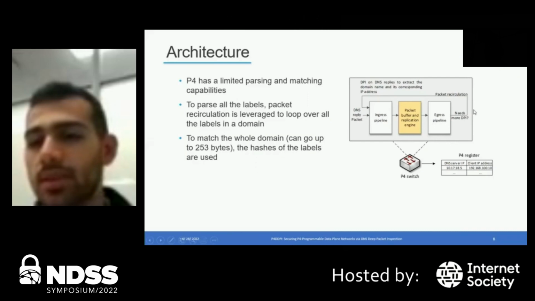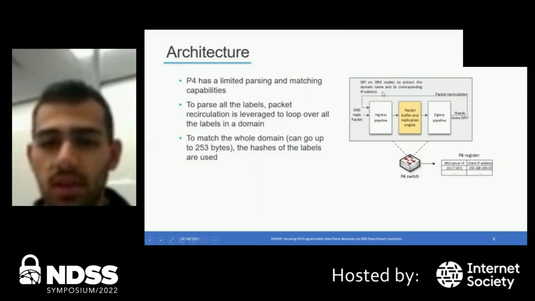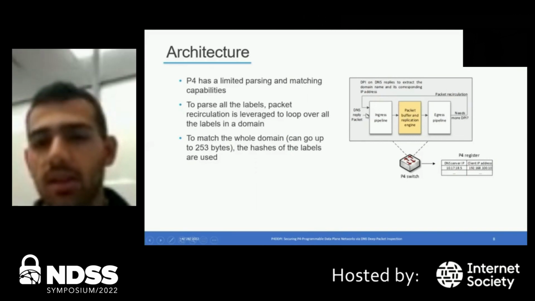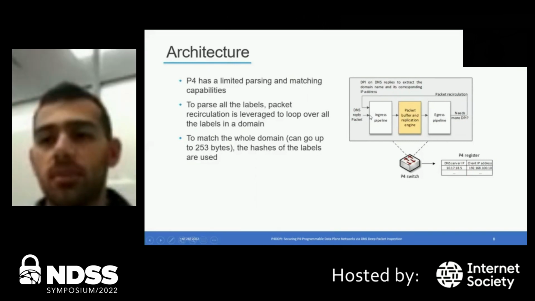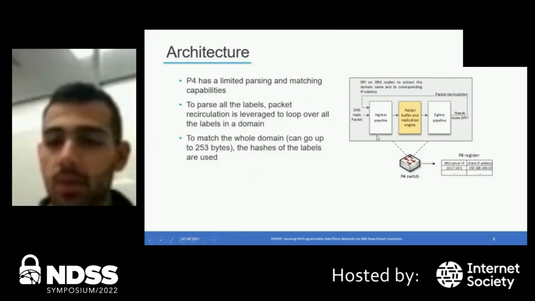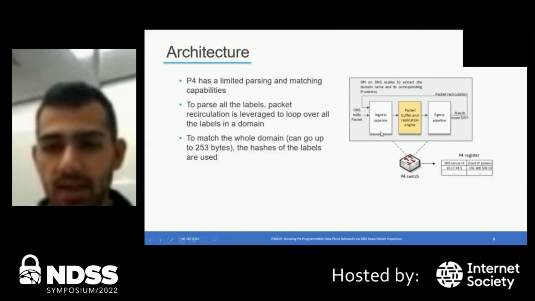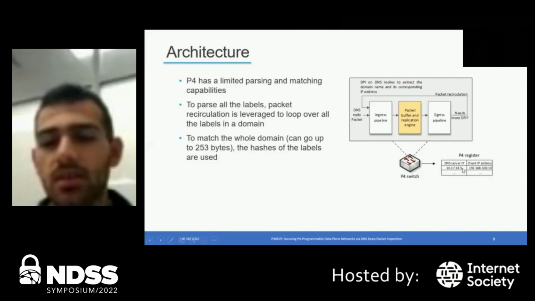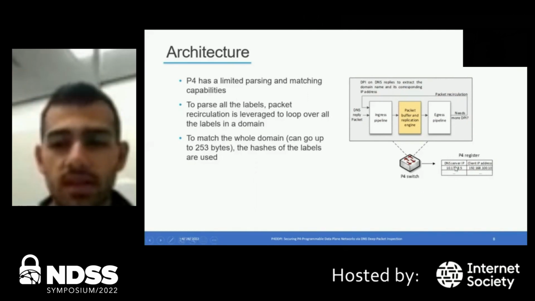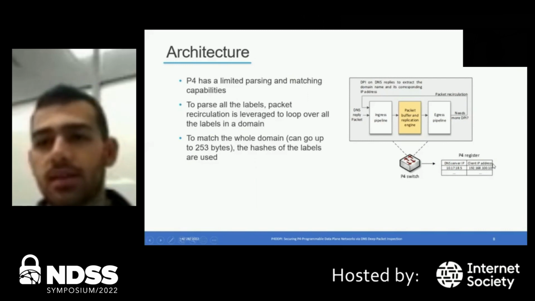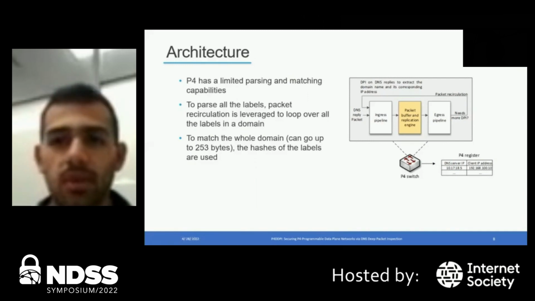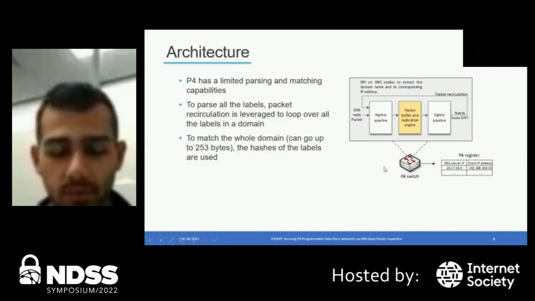And if it needs more parsing, then the packet will recirculate in order to perform more deep packet inspection. Once the DNS is parsed, the switch can store the IP address of the DNS server and client, and perform some traffic blocking, monitoring, and so on.